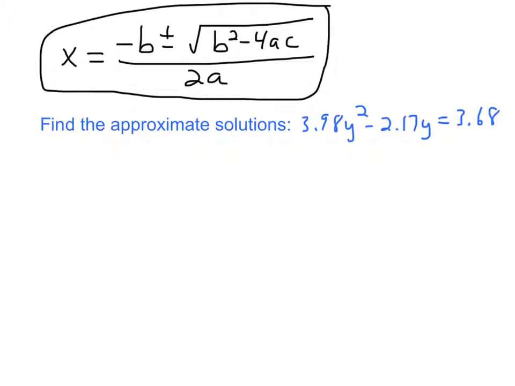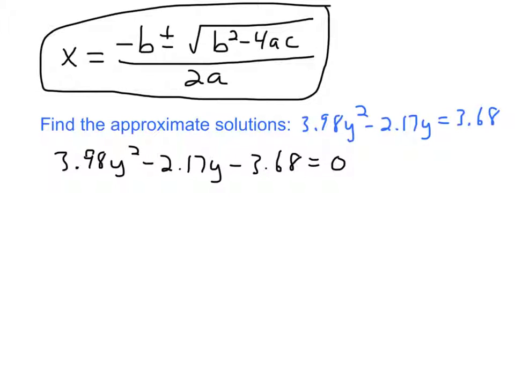So our first step, of course, would be to rewrite that with a 0 on this right side. So we'll have to subtract 3.68 from both sides. So that would give us 3.98 y squared minus 2.17y minus 3.68 equals 0.